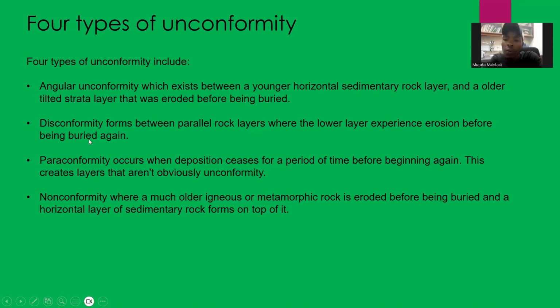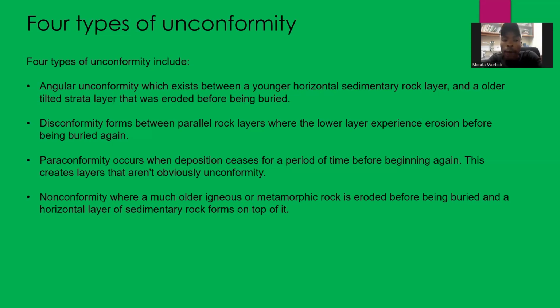So we've got 4 types of unconformities. We've got angular unconformity, which I've already touched on. The layers were originally deposited horizontally, then they're affected by tectonic deformation, then erosion comes, and then new younger sediments will be deposited on top of the tilted and eroded surface.